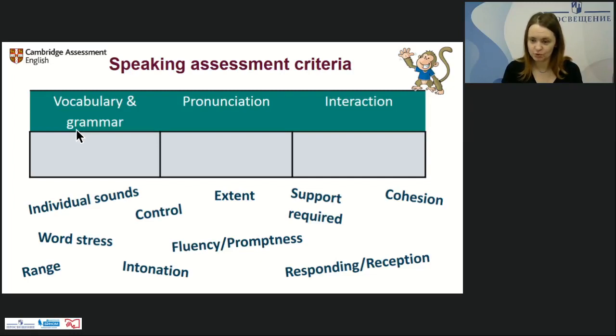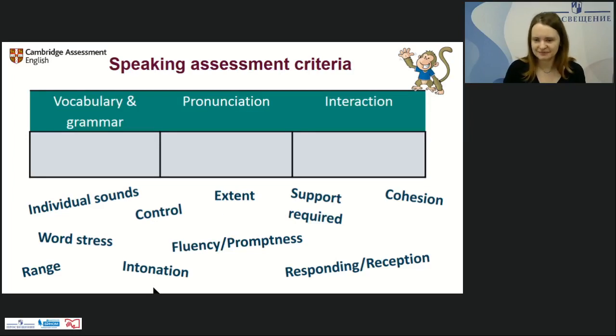Range, support, range, control, cohesion. All right. There's one criterion which still hasn't found its place. So it's extent. Where should it be? Any ideas? What extent is and where it is? Extent for interaction.